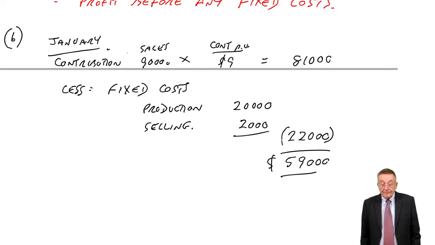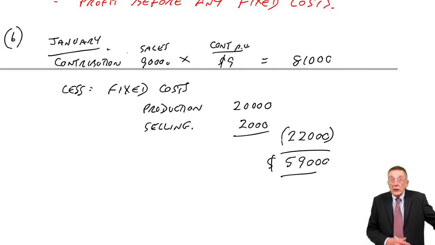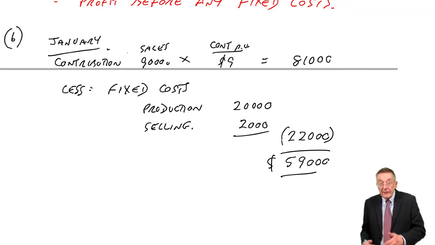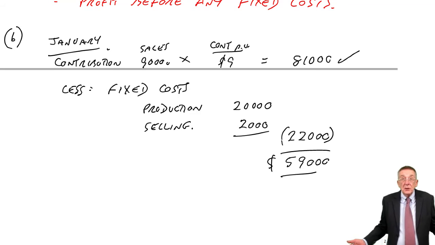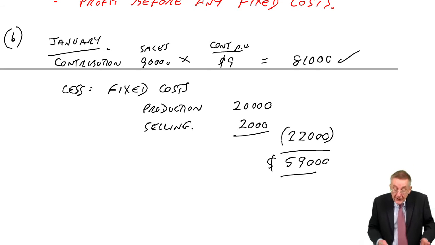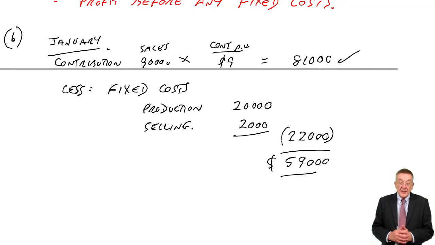Beautiful, no problem. And none of that business about absorbing the wrong number of fixed overheads and then having to adjust it. The contribution will be $9 for every unit sold, and then we subtract whatever the fixed costs are. We get it correct first time. In that sense, it's much easier.